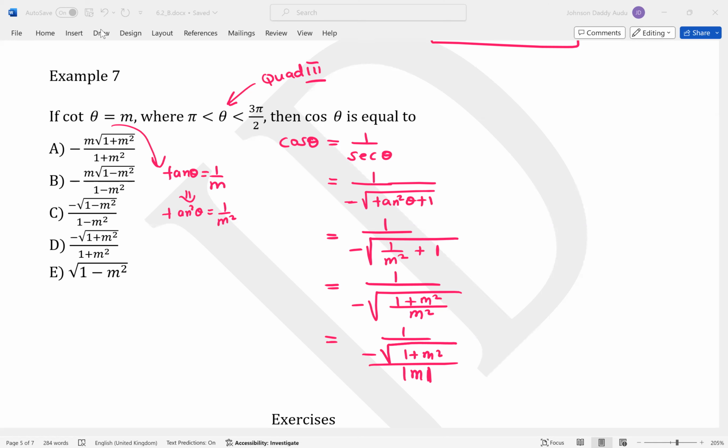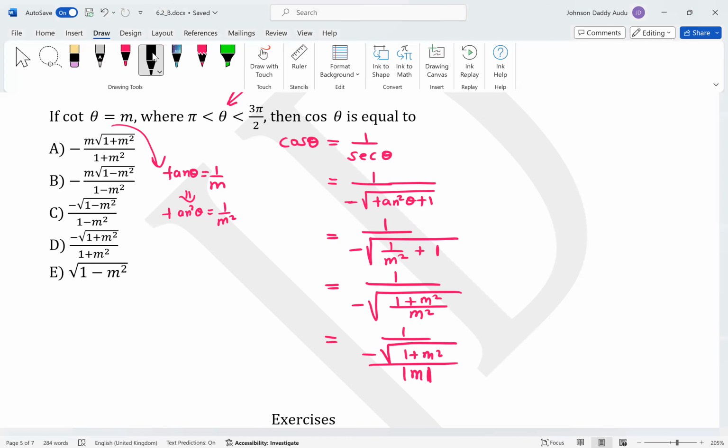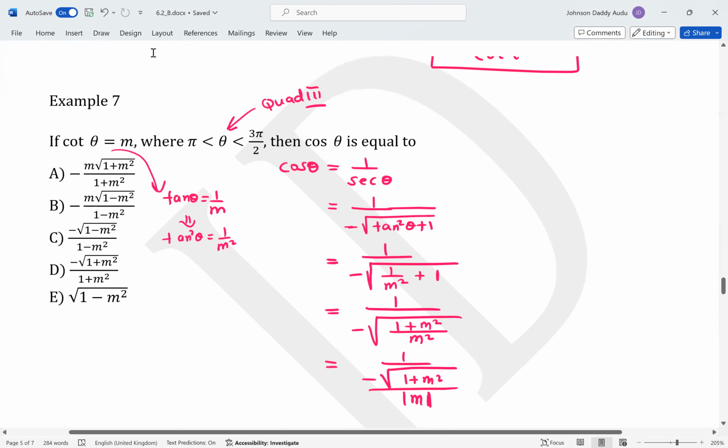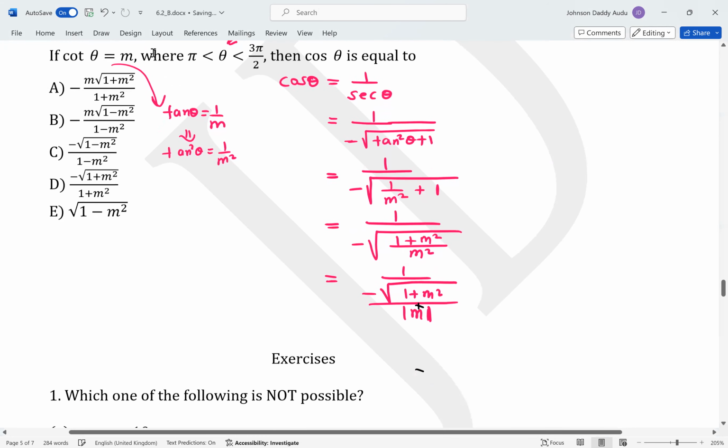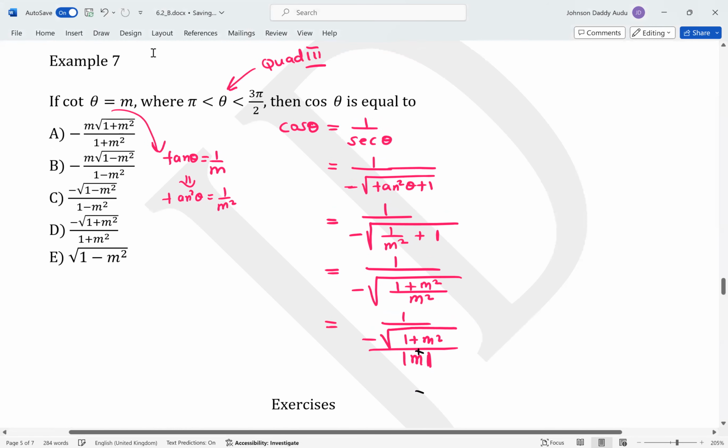Now, what can we say about m? Is m positive or negative? Since we are in the third quadrant and cotan is positive and equal to m, m has to be positive. And since m is positive, we can remove the absolute value.